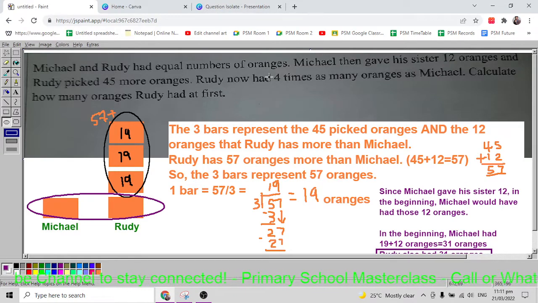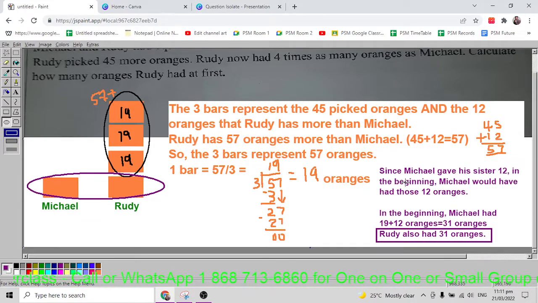The question said Rudy had 4 times as many oranges as Michael. So we got rid of the excess, and we found the value of 1 bar. Since Michael gave 12 to his sister, in the beginning, before he gave it away, he would have had those 12 oranges.